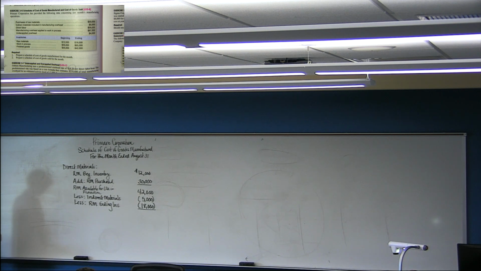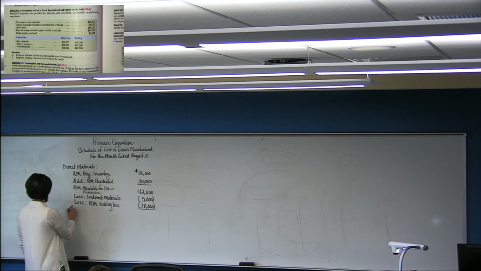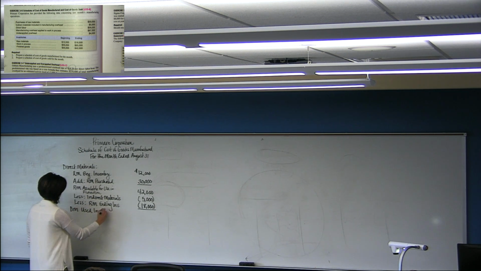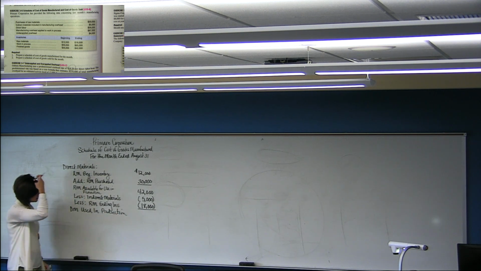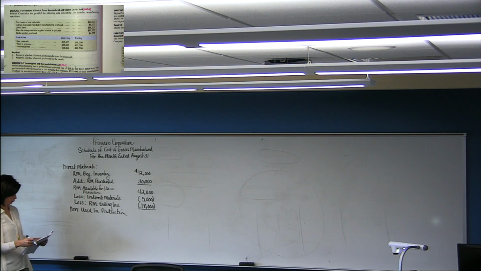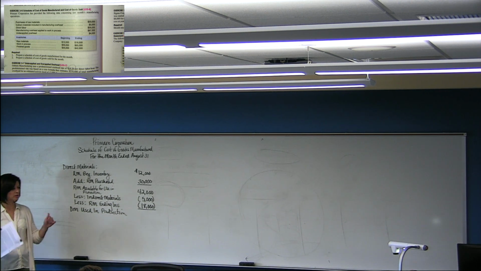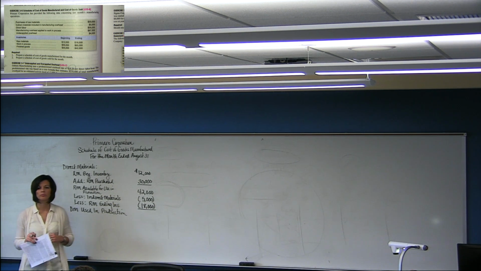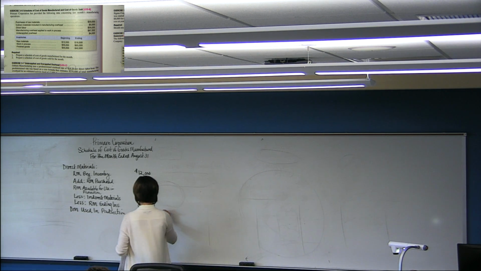So what are my direct materials now used in production? So 42,000 minus 5,000 minus 18,000. Oh, come on, folks. You're supposed to have calculators. 19,000. Okay, now I'm going to use my far right column here.